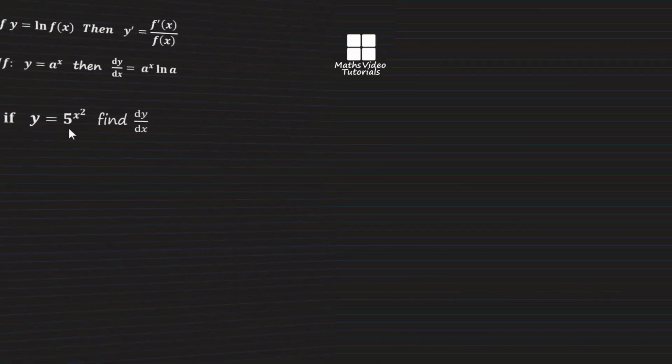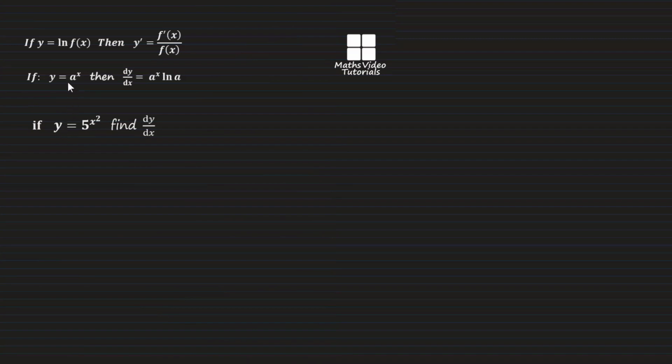So far we've seen that if we have an exponential function a to the x, where a is a constant, then the derivative of that exponential function is given by a to the x ln a.